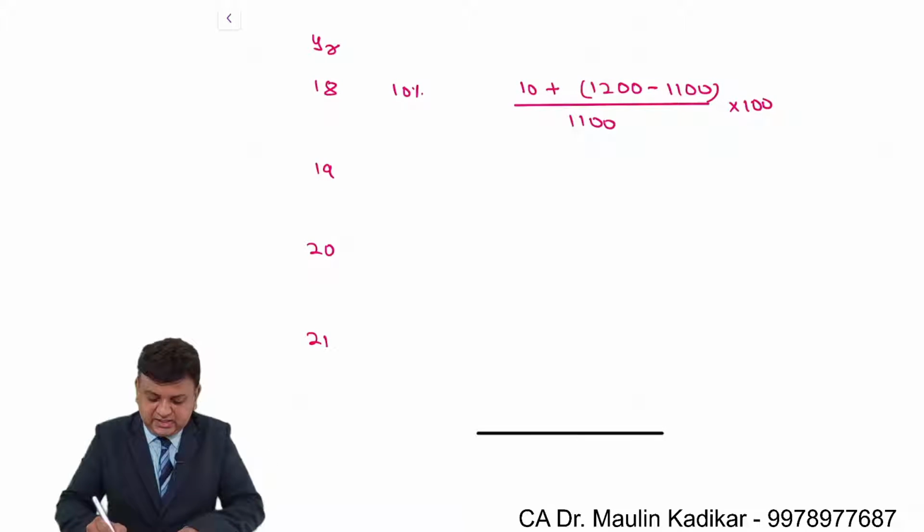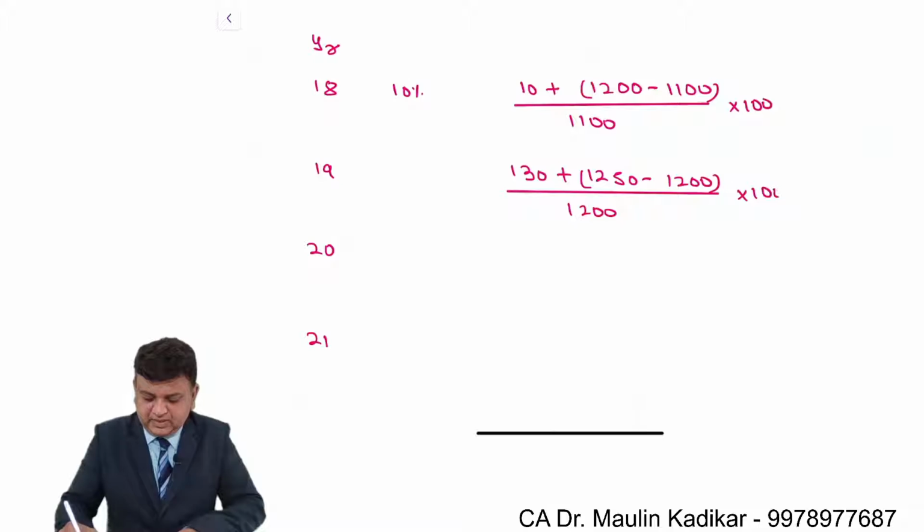In 2019, the dividend is 130 plus 1250 minus 1200, divided by 1200, into 100 again to find the answer in percentage terms. So the answer comes to 15%.